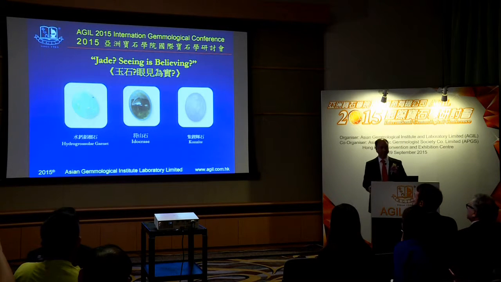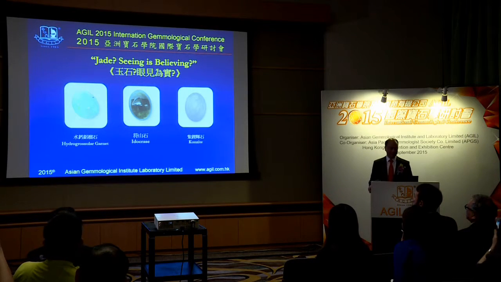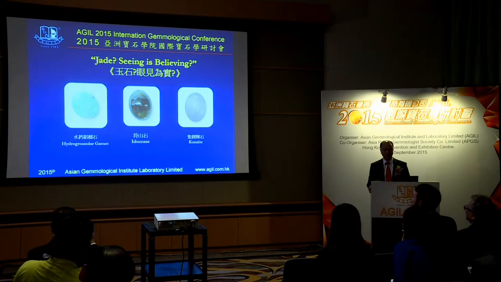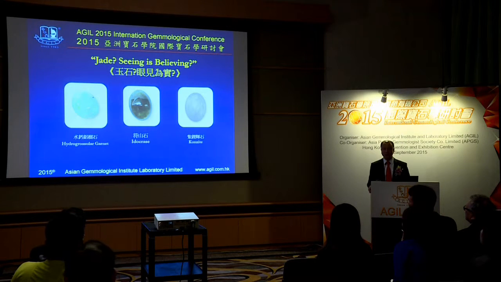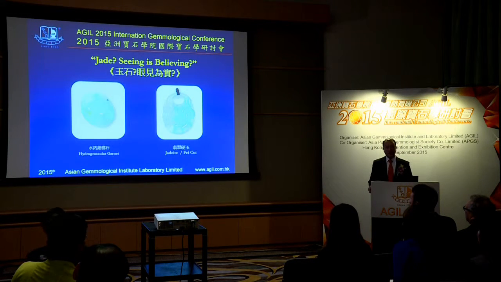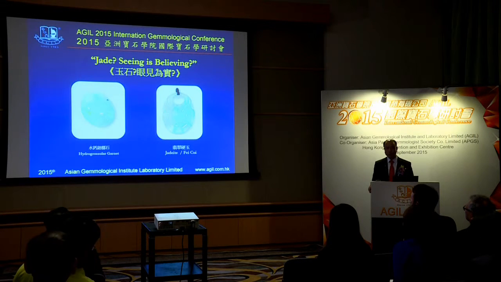Now let's look at 3 different jade simulants. The left-hand side one is known as hydrogrossular garnet, the center one is known as idocrase, and the third one is kunzite. Now look at the similarity of the color patches of the left-hand side hydrogrossular garnet compared to jadeite.